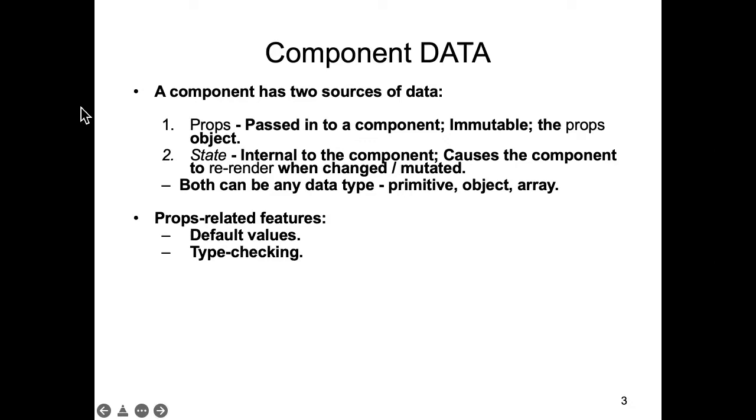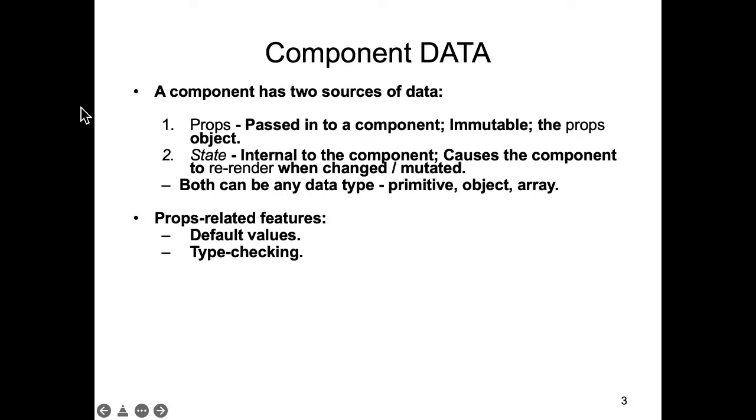Before I move away from props, though, quite often you may be using a component that you didn't develop. It's a third-party component, or somebody else in the team developed it. It may have a number of props that you are allowed to pass to the component.